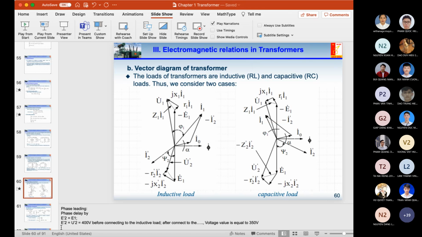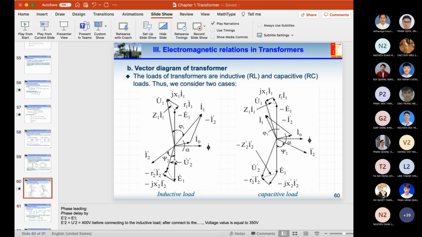After connecting the load, we have a voltage drop on the load, and for that E2 is different from U2. So U2 is only equal to E2 if the voltage drop in the load is neglected. Of course, the voltage drop cannot be neglected here, and for that we have to consider it also.